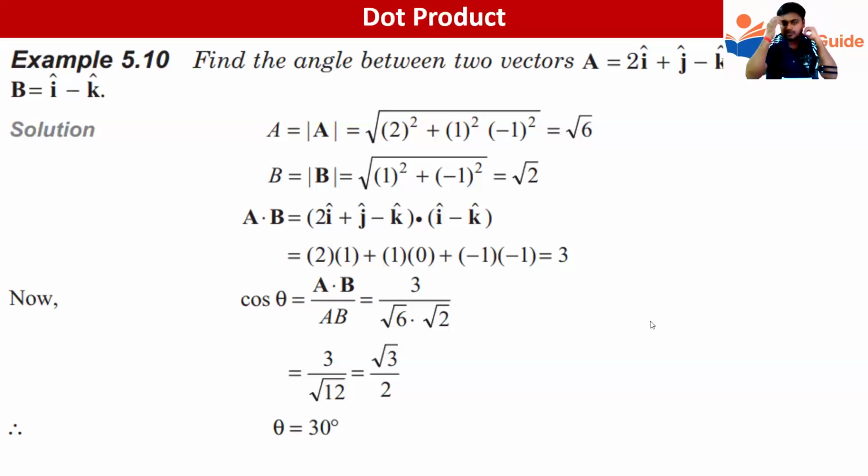It's just going to be 2 plus 1, which is 3. So A dot B becomes 3. Mod A is root 6, mod B is root 2. So A dot B divided by mod A mod B, that's cos theta. So cos theta is root 3 over 2. Therefore theta is 30 degrees.